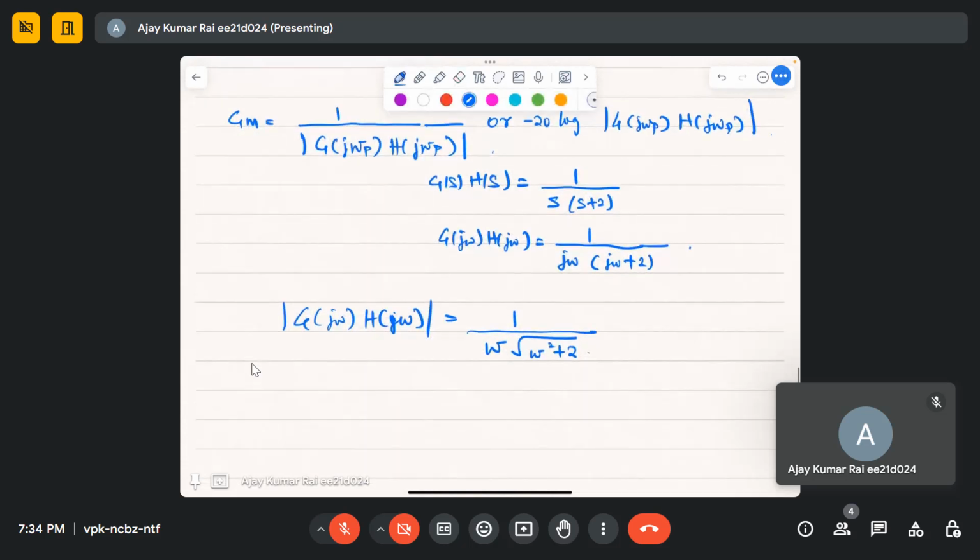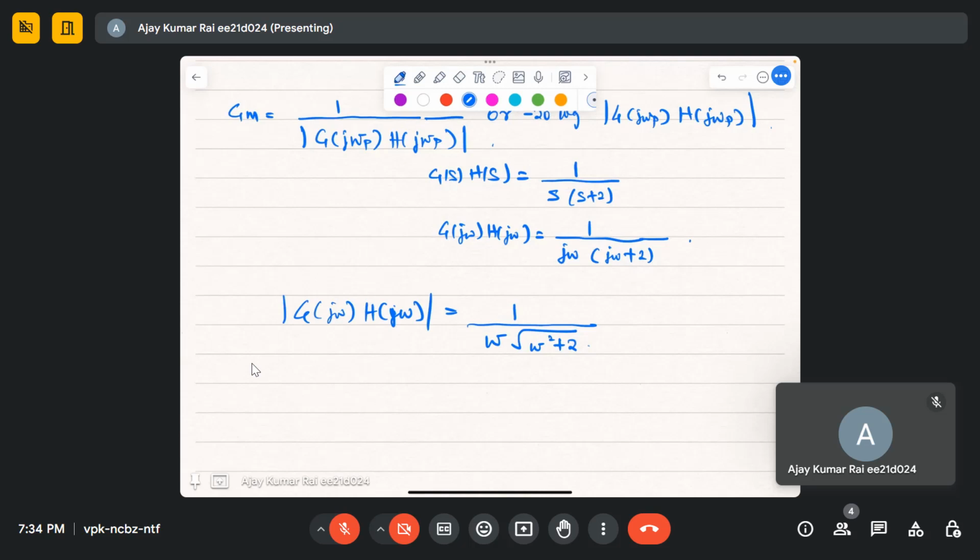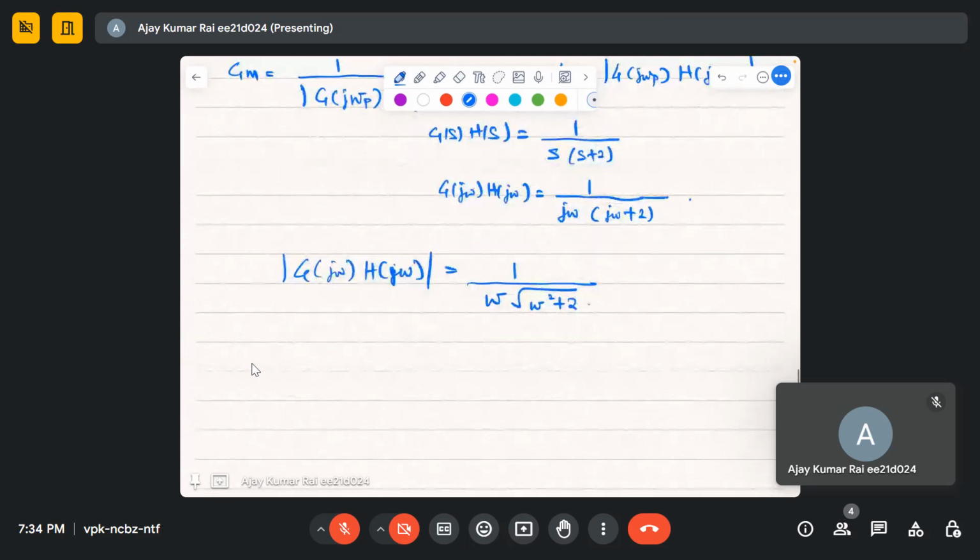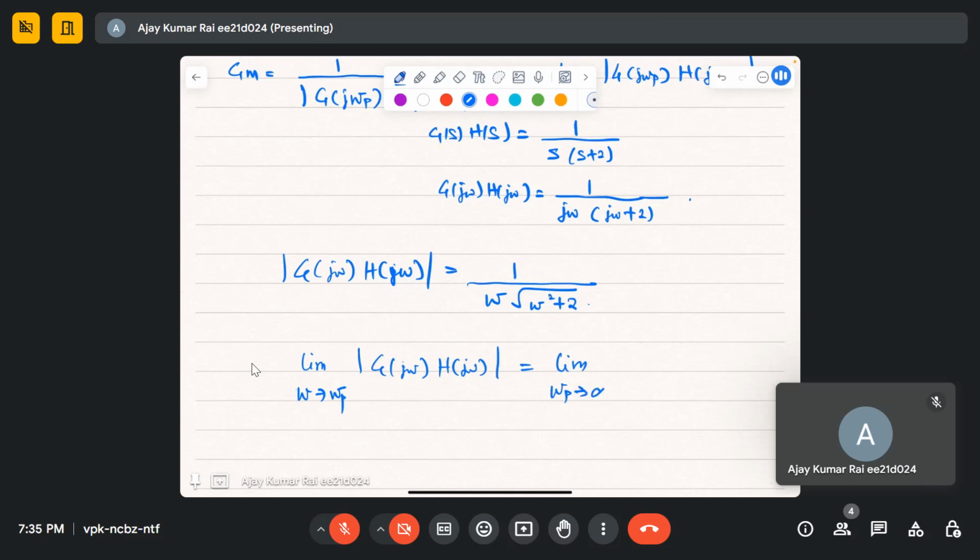So what we can see, you can find like this: omega is omega p, or limit omega p tends to infinity, and this is omega p root of omega p square plus 2.